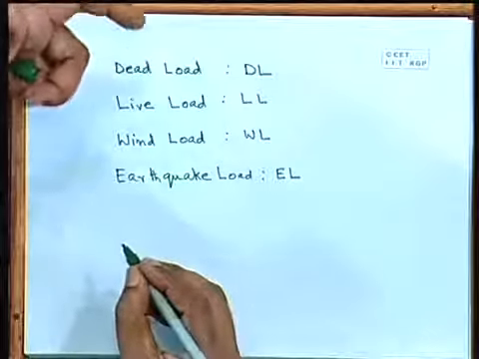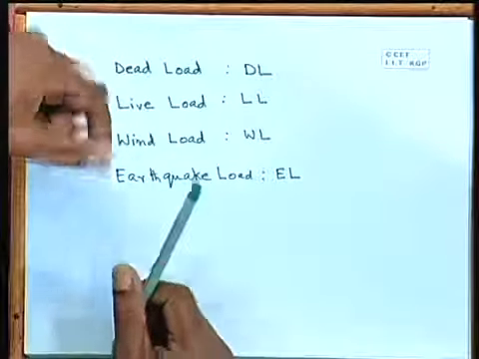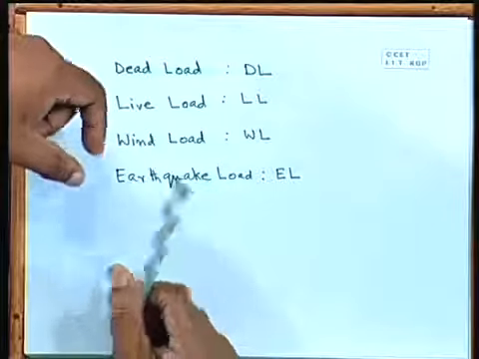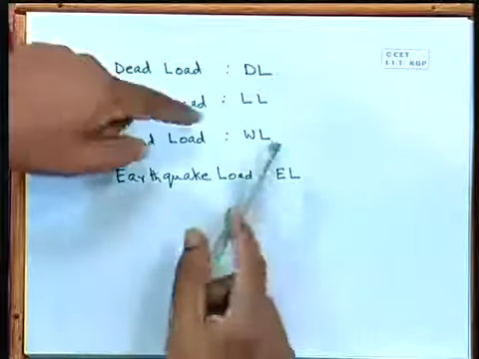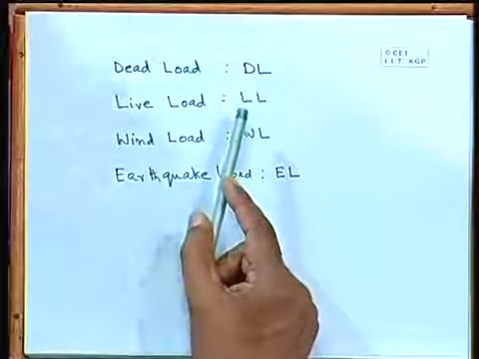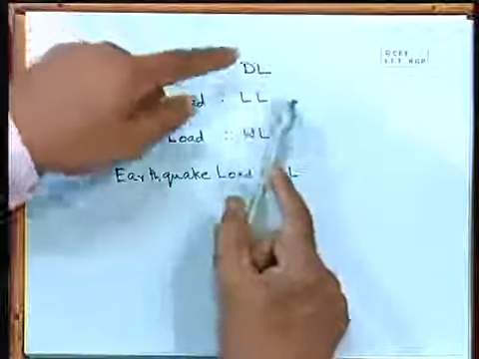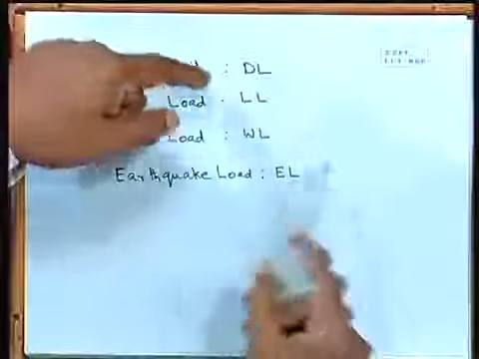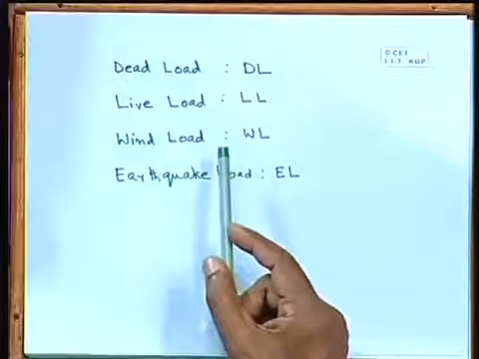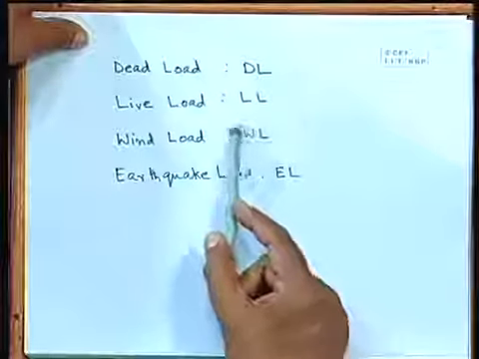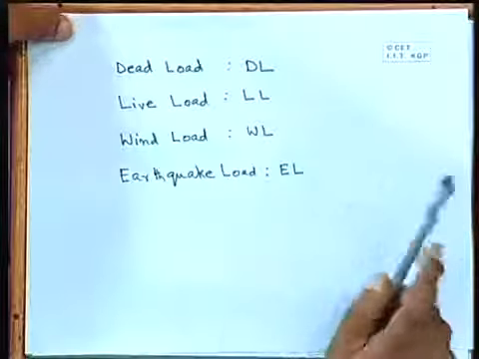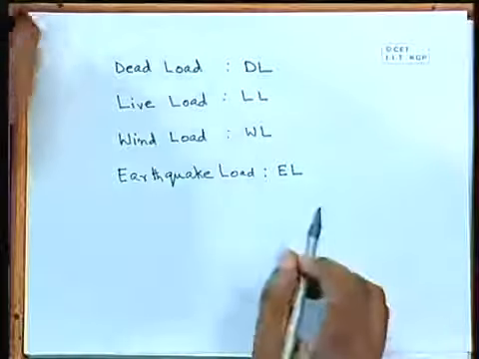Live load is the one for which we are going to design. That means we have to take care of this load. This is the load for which we have to design the structure. But other loads are coming in for different aspects, because where you are going to construct that building, what type of wind load or wind speed is there, what type of earthquake load, whether it is earthquake prone or not.